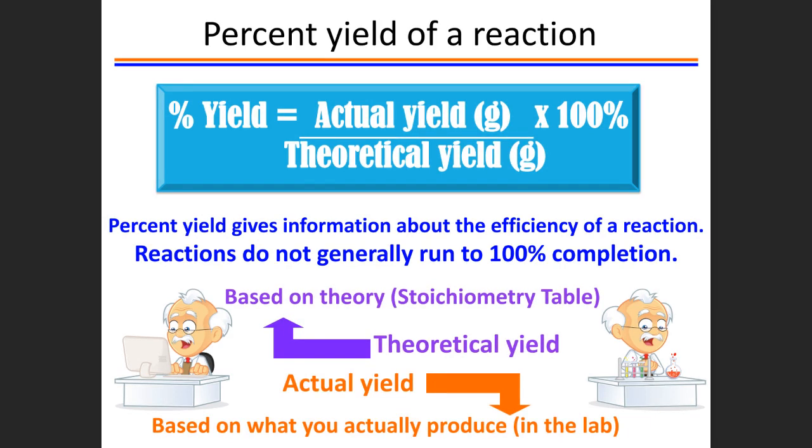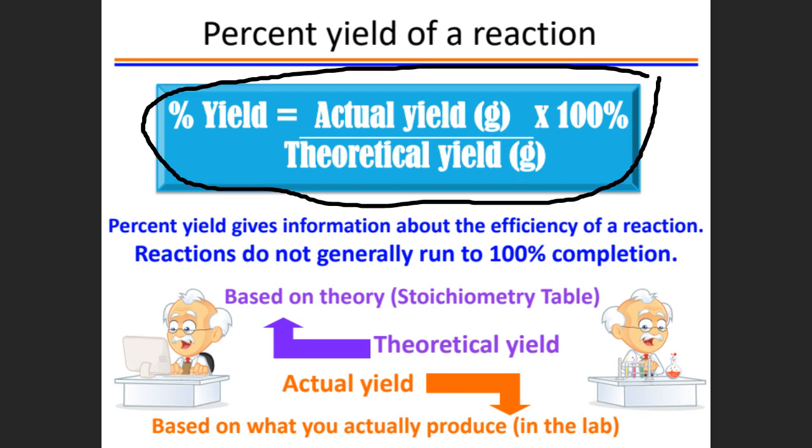See here. Normally, as we said, we use this equation: percent yield equals actual yield in gram over theoretical yield in gram, times 100. Then you will find percent yield. As I said, it could be 30%, 40%, 70% or 80%.